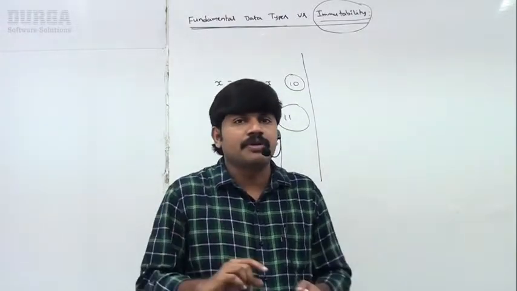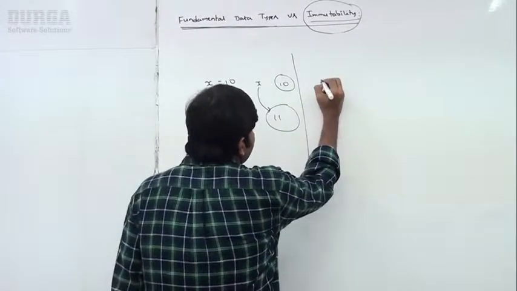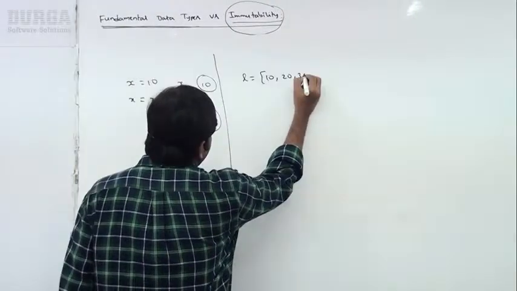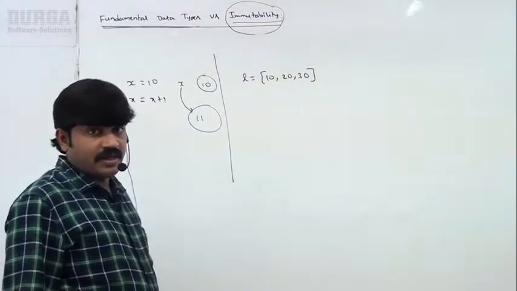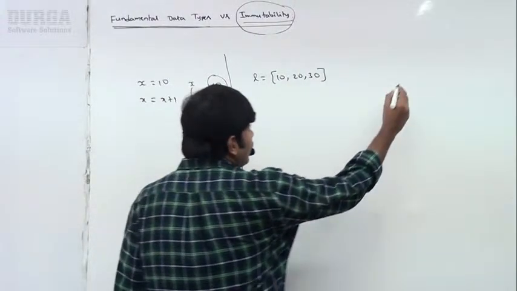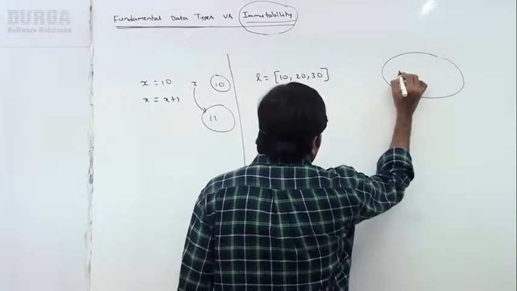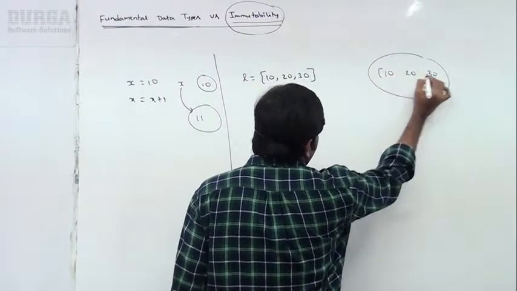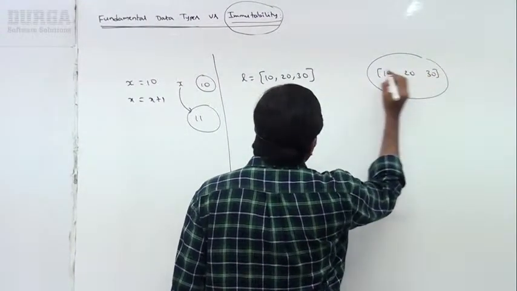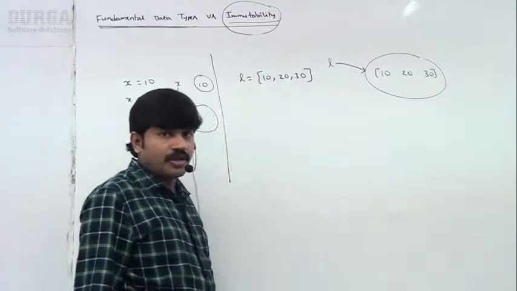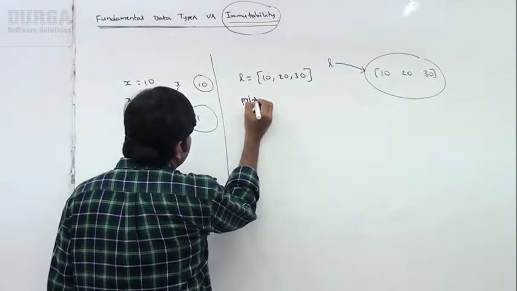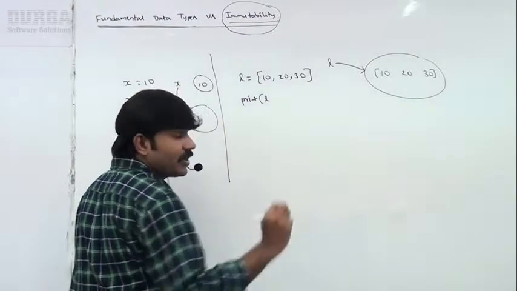Sir, what does it mean? Observe carefully. Here L is equal to 10, 20, 30. This is the list that we have, and L is the reference variable for that. Now I'm trying to print L. What is the address of L?